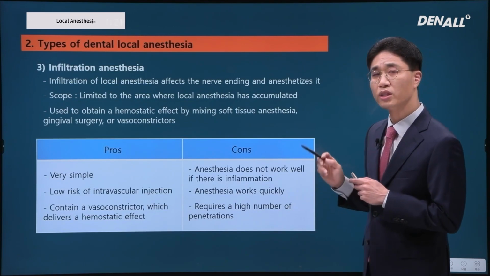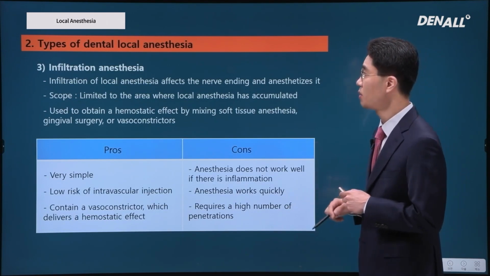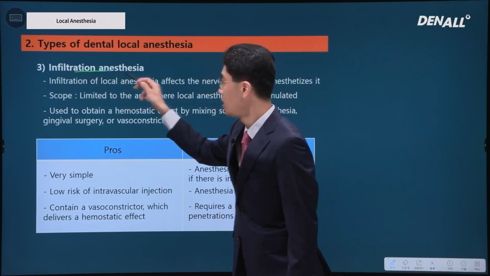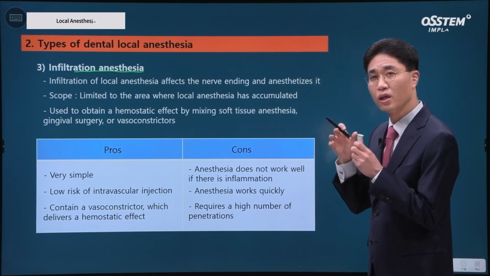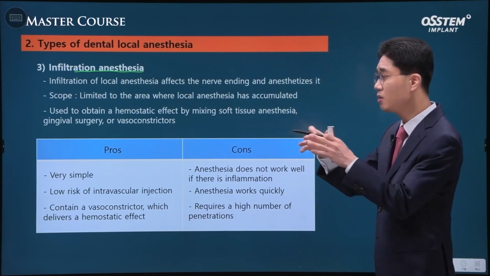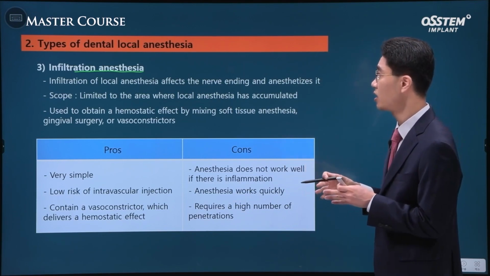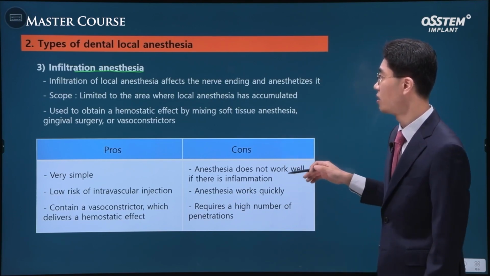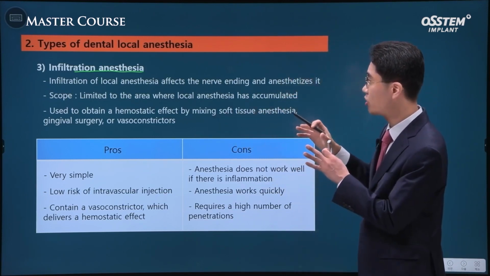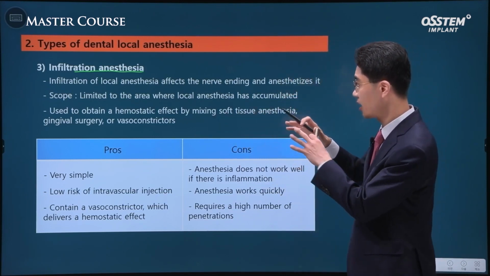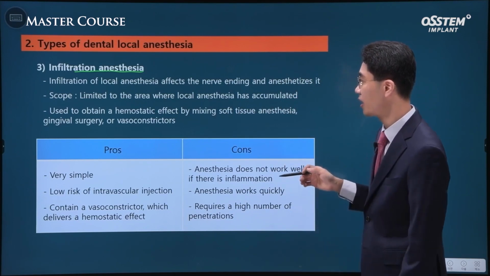Next is infiltration anesthesia, which is done most frequently. As for infiltration anesthesia, the scope is limited to the area where local anesthetic is accumulated. We can limit the area.